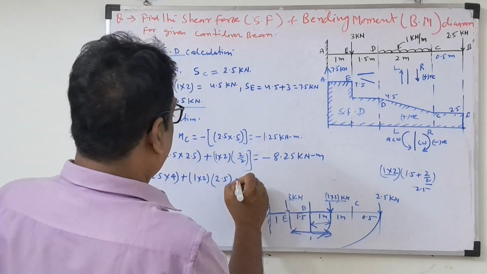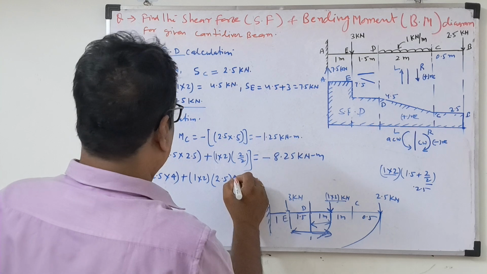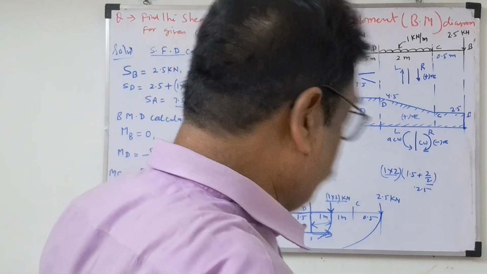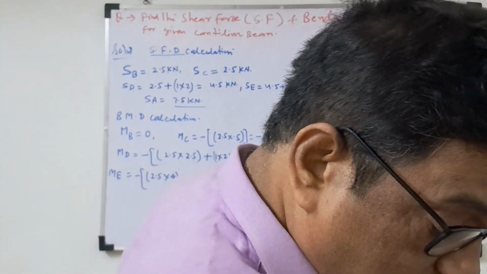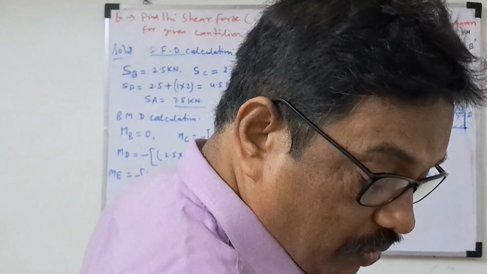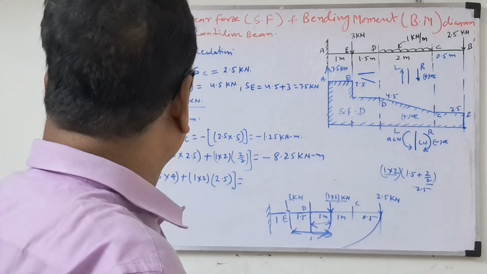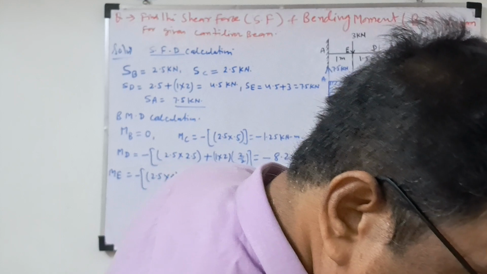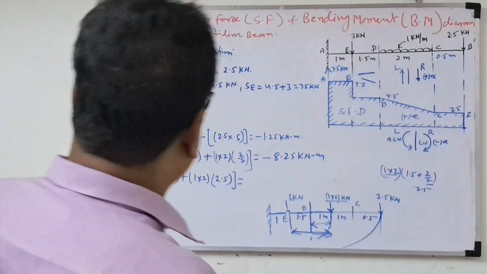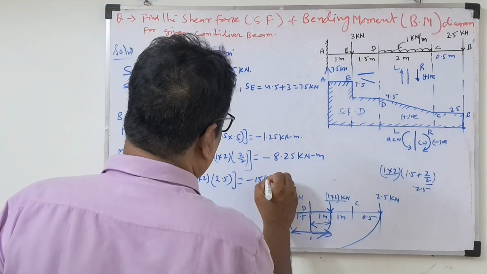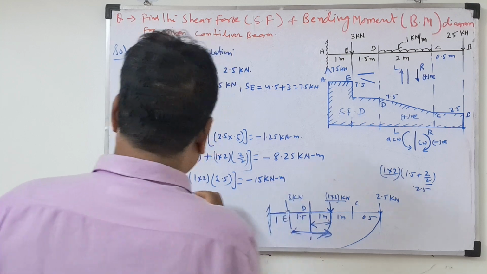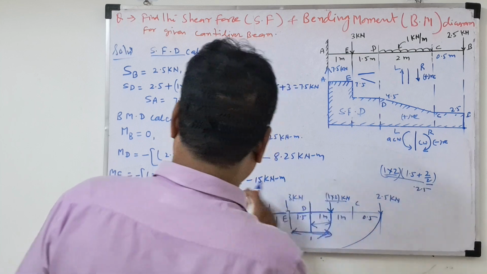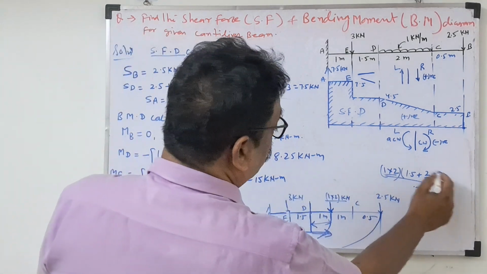No. So this value will come, so 2.5 into 4. So ME is load into 1.5 plus... Okay. So this value is coming minus 15 kilonewton meter. So in this calculation, this 1.2 and 2.5, or this will be same.